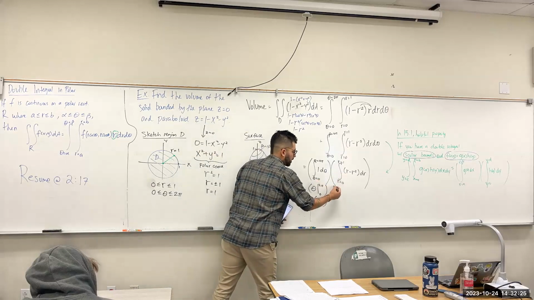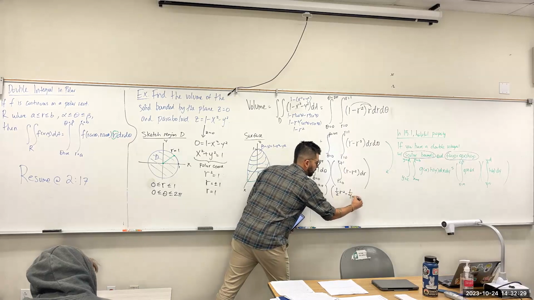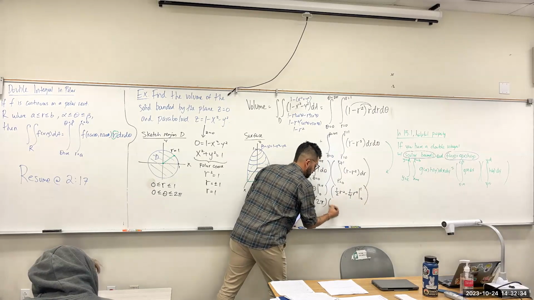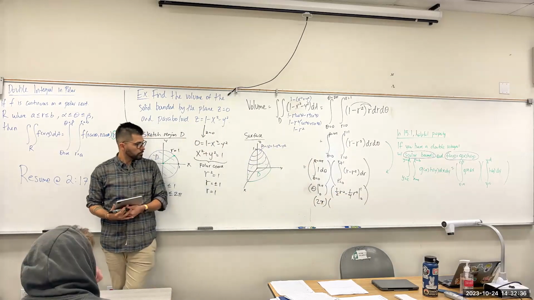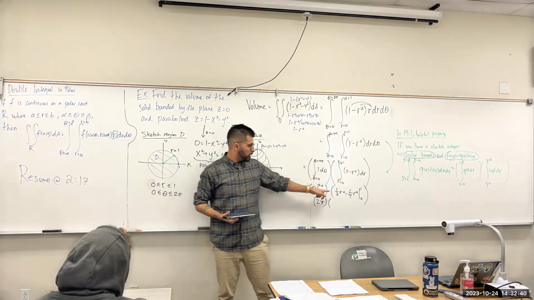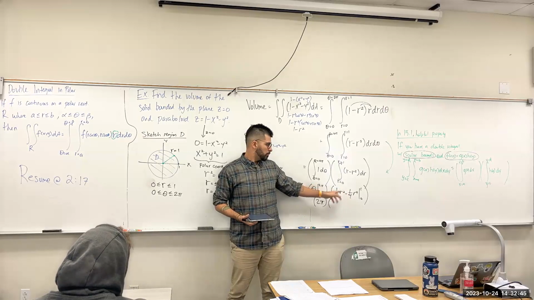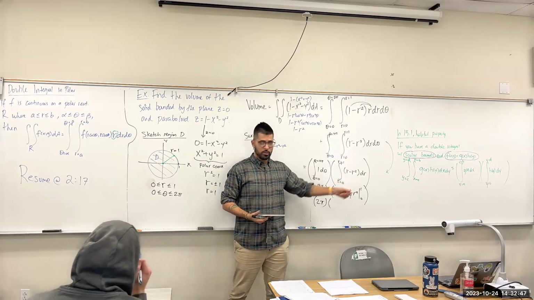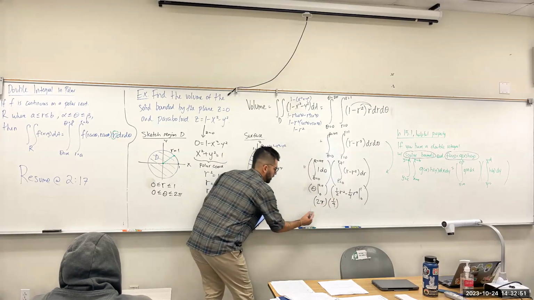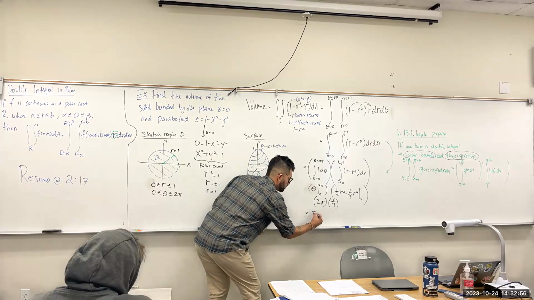And then this one becomes 1/2 r squared minus 1/4 r to the 4th from 0 to 1. You plug in 1, you get 1/2 minus 1/4. Plug in 0, you just get 0. So it's just 1/4. And so then my final answer is going to be pi over 2.